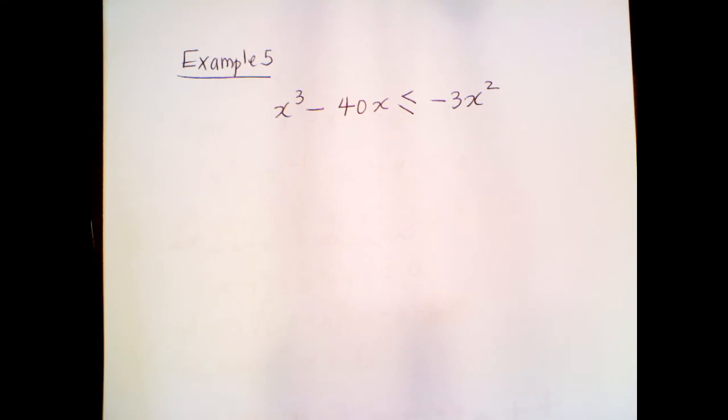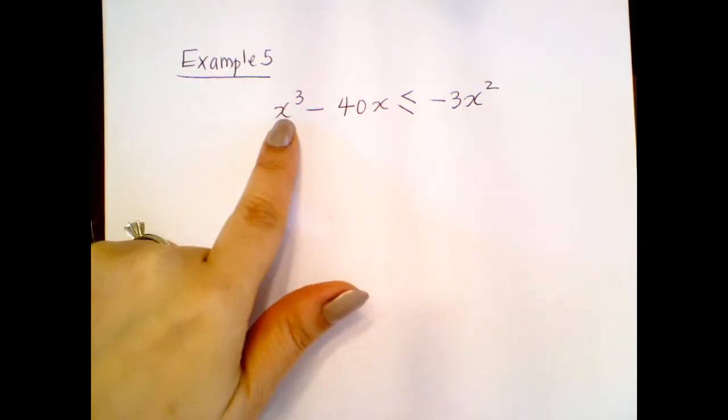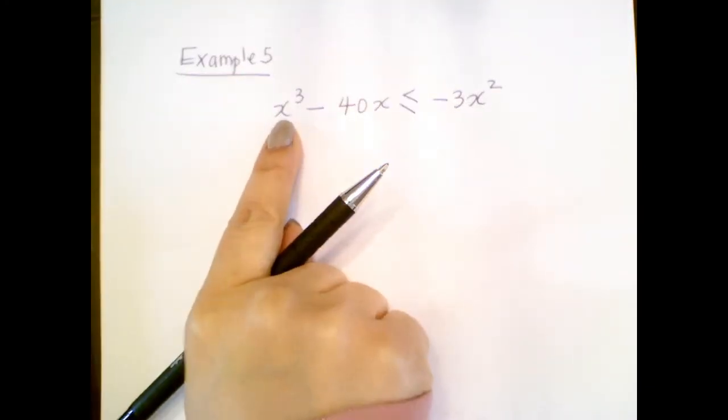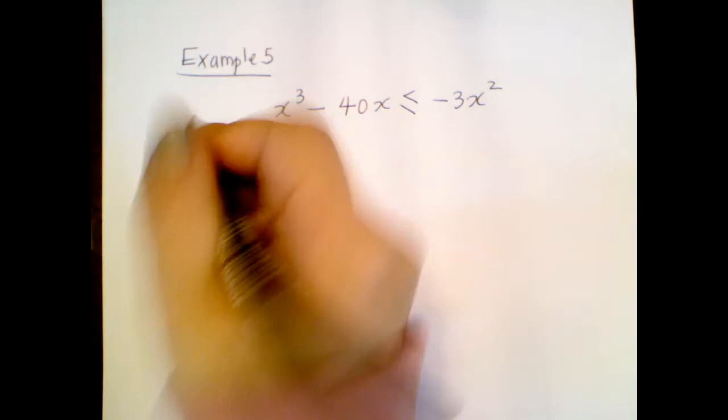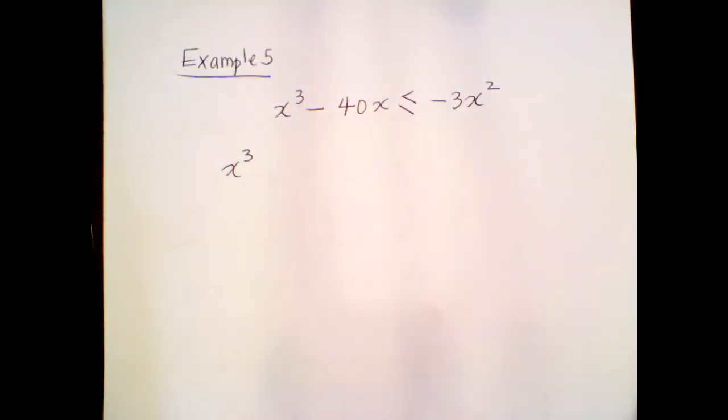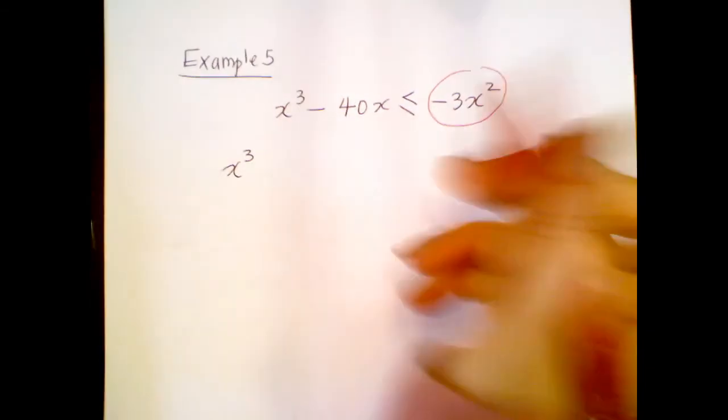We need to factor this, right? We need to first move everything to the left side. And as I was planning on this moving, I saw this was x cubed. So I know that's the biggest, the 3 is the degree. So I will write x cubed first. But when I move this, I'm going to actually just stick it right in the middle of these two terms.